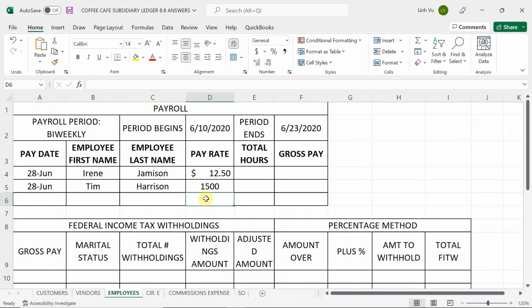So that means he's going to be receiving $1,500 per paycheck. So that's his pay rate. Okay? It doesn't change because it doesn't matter how many hours he works, right? Because he's salary. So in this case, that's all the information I need for now. Okay?